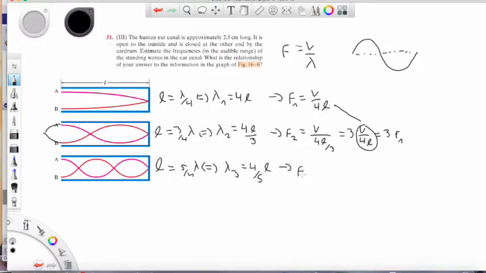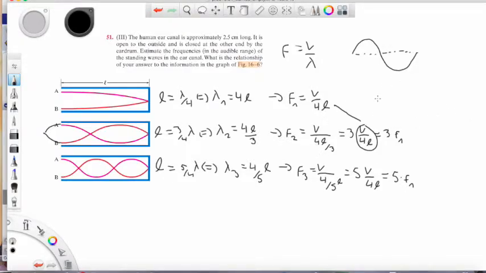And again, solving for frequency, we get V divided by 4/5 of an L. And this is the same as 5 times V over 4L, which is 5 times the fundamental frequency.